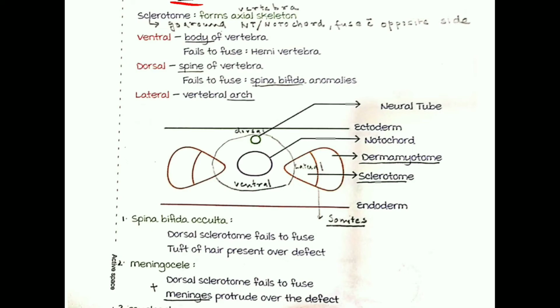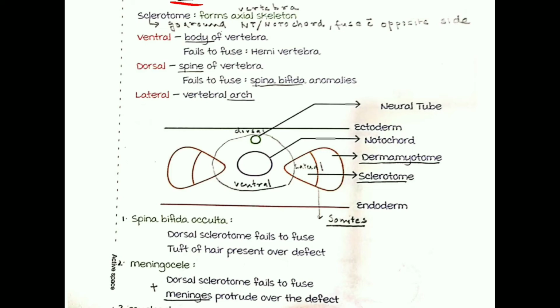The sclerotome will form the axial skeleton, which is the vertebra, and we can see that the sclerotome will go around the notochord and the neural tube, and it will fuse with the opposite side.